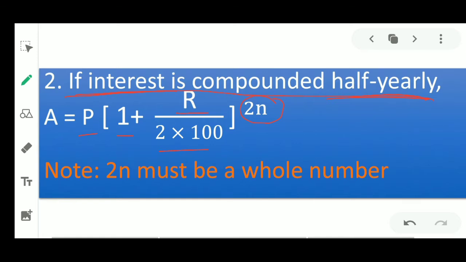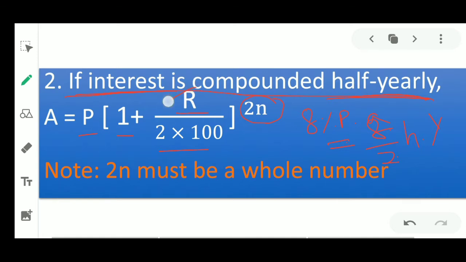Here in the question the rate is always given like 8% per annum. In that case you have to convert this into half yearly. So 8% per annum will be what? 8 by 2 half yearly. Clear? So that will be 4.